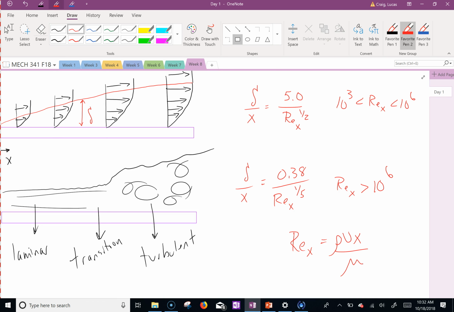So if you notice, it's due to the fluid properties, so density, viscosity, how fast you're moving, and the position you are. There are going to be times where maybe this is all laminar because it's not moving as fast, for example. Or maybe the first section is laminar, then all of a sudden it becomes turbulent, and you get these circulations created.